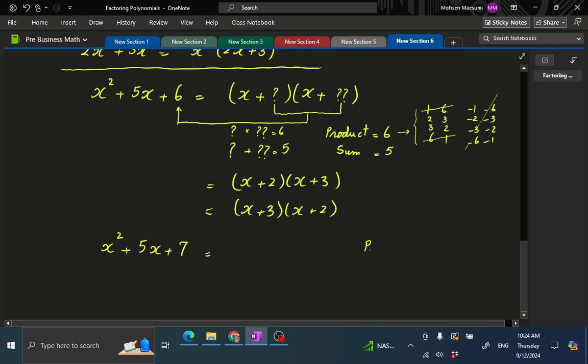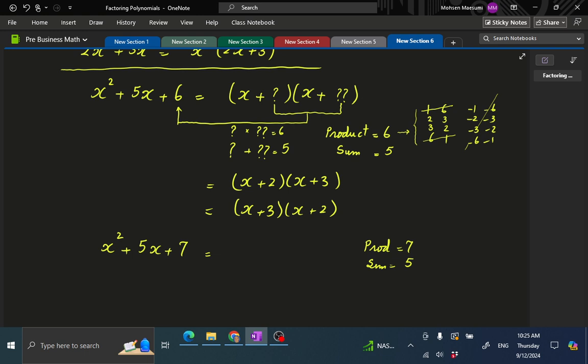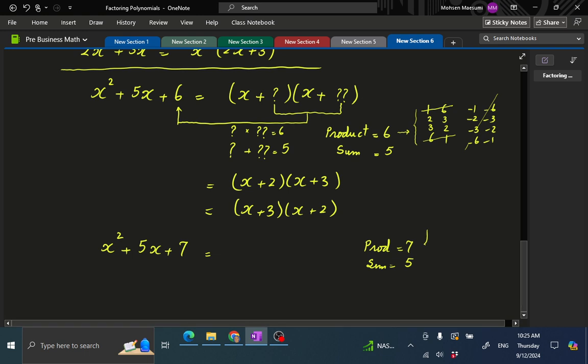In this case, the product has to be 7 and the sum has to be 5. Rummaging through my mind about all such possibilities, I don't find any. Product 7 is 1 and 7, or negative 1 and negative 7, and none of them has the sum 5.